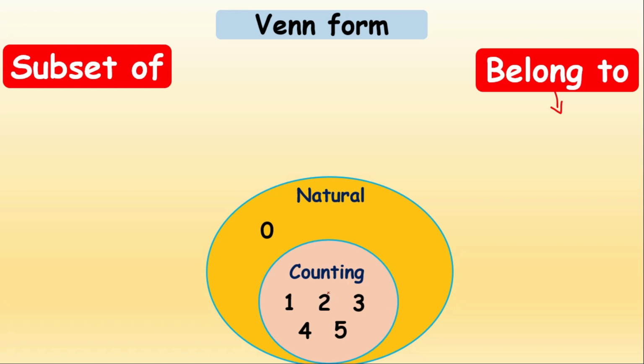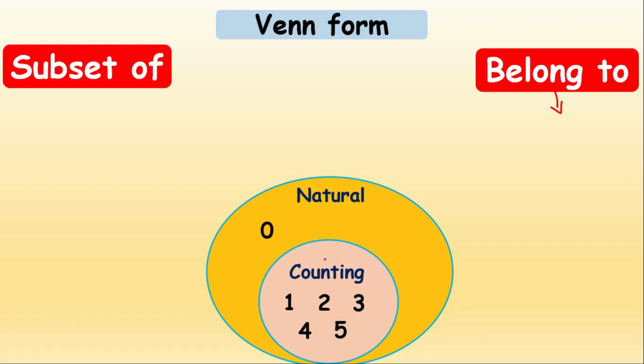Counting numbers are already inside natural numbers, and 0 is added. So you can express that 1, 2, 3, 4, 5 and 0 are elements that belong to natural numbers.